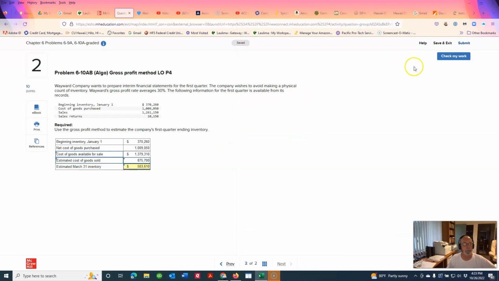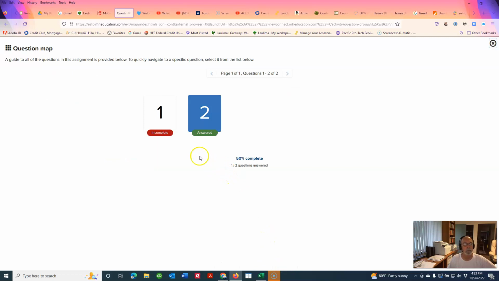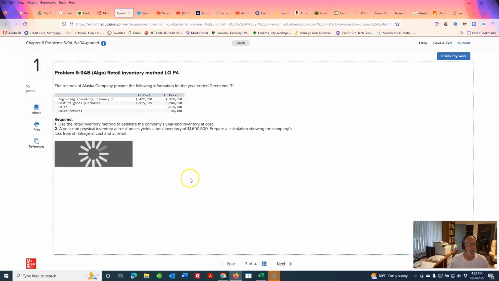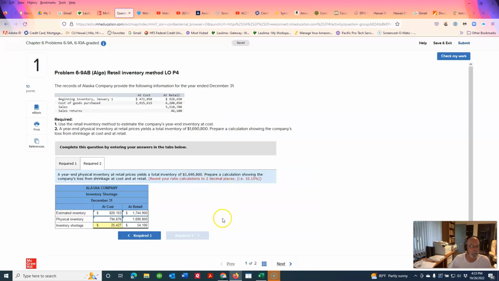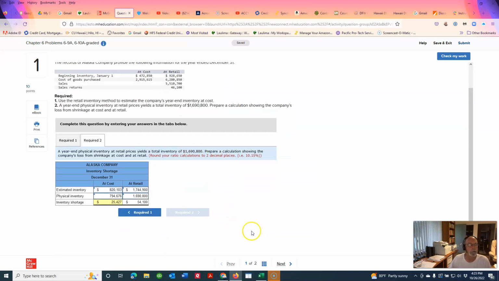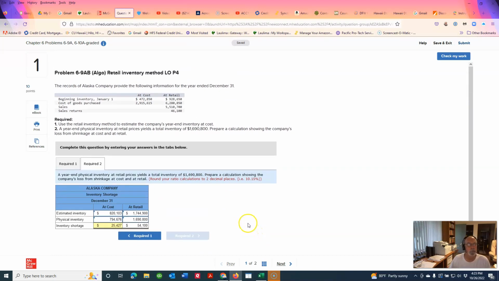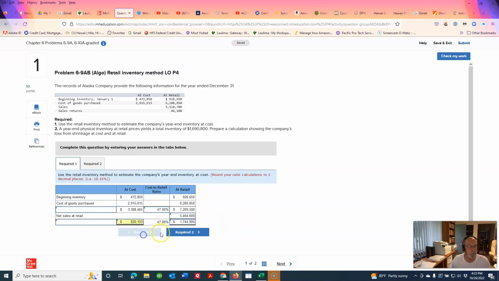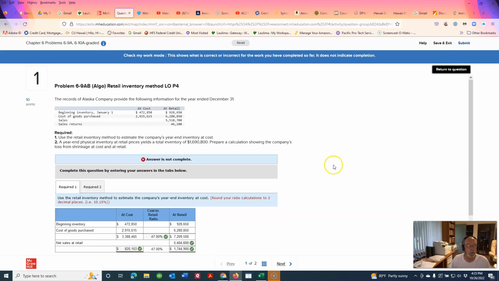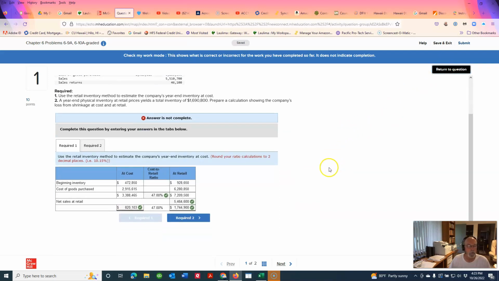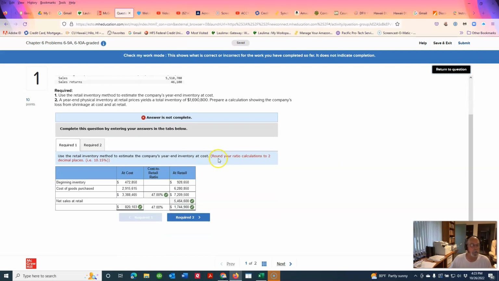And then let's see if we got it all. Showing as one. Why is one showing as incomplete? We did this one yesterday. Answer is not complete.